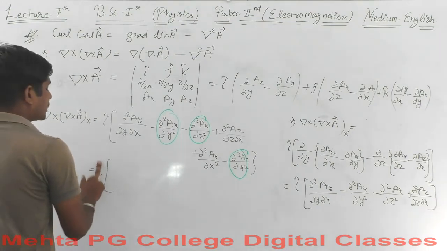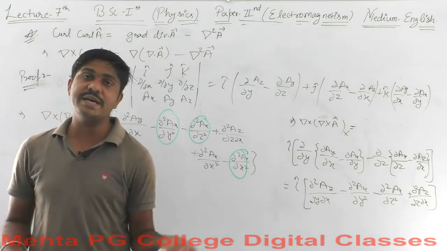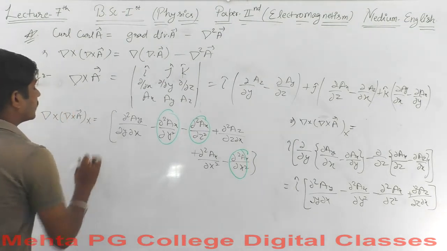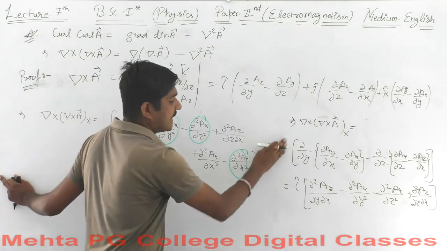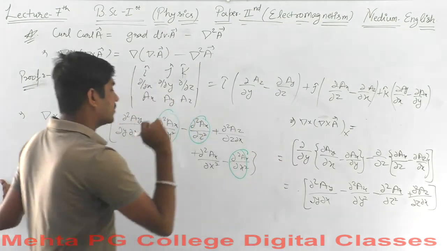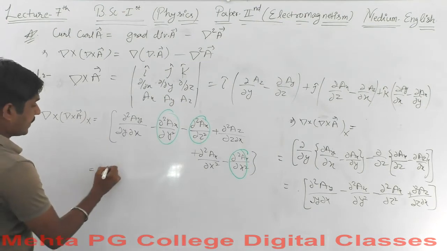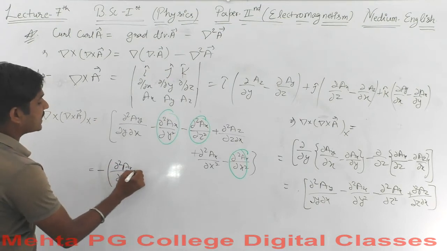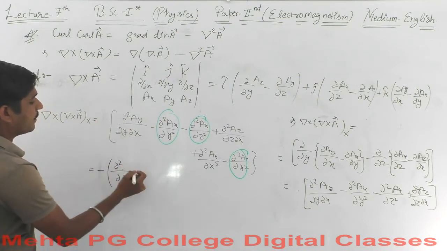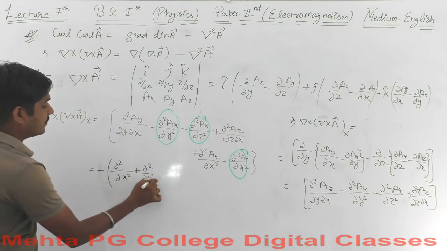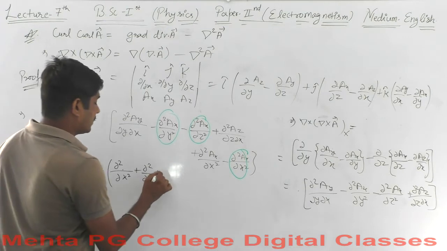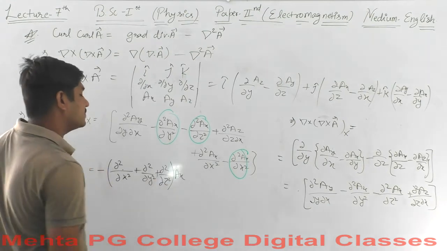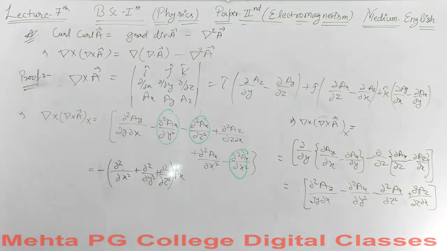For the x component, we do not need to symbolize i cap because i cap is understood here. So what do we have? We have minus (∂²/∂x² plus ∂²/∂y² plus ∂²/∂z²) for the vector component Ax.